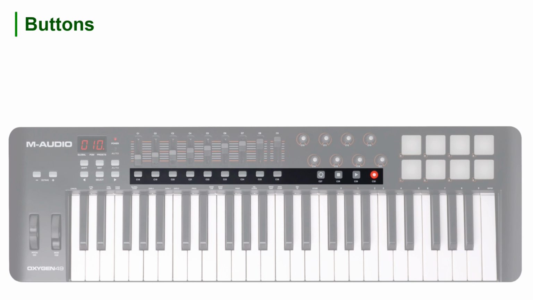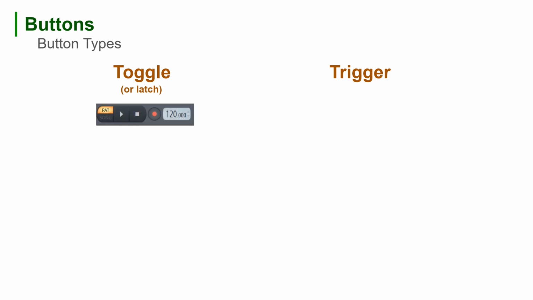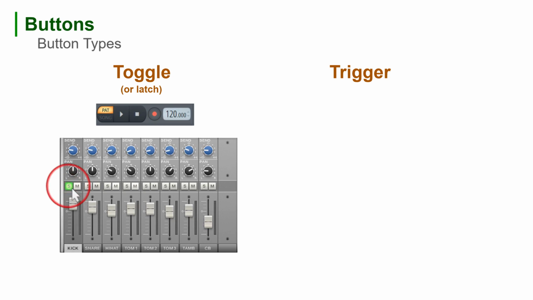Let's start by taking a step backwards and considering the types of buttons you might come across in your software. The main types you'll encounter are toggle buttons and trigger buttons. A good example of a toggle button is the arm record button in your DAW. The first time you press it, it activates record mode, and if you press it again, it deactivates. Other examples include solo buttons, mute buttons, and many others. The other type of button is a trigger. A good example of this is a foot pedal.